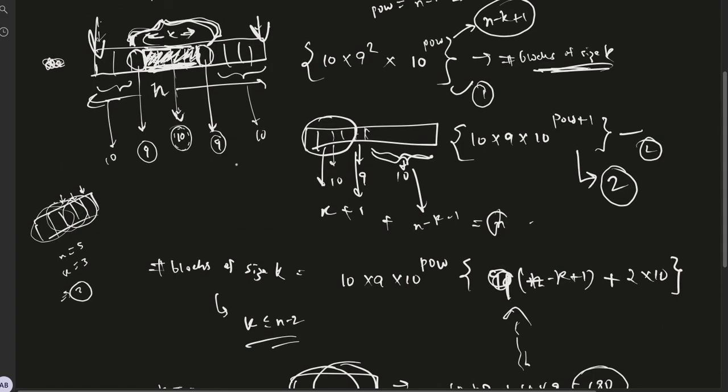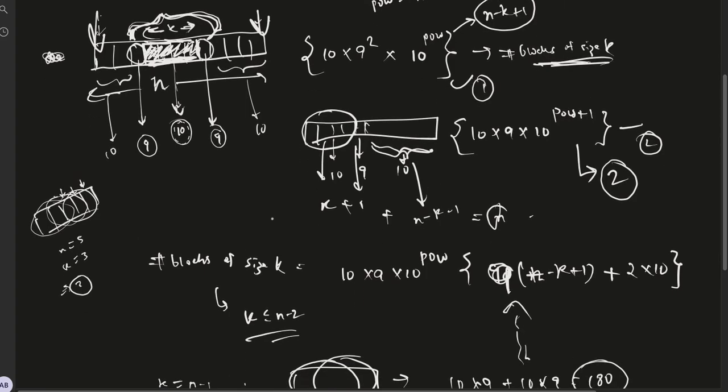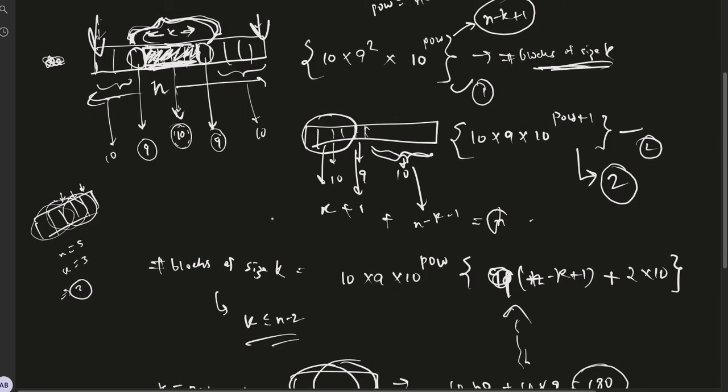Do we have the correct formula though? Should this be n minus k plus 1 or n minus k minus 1?